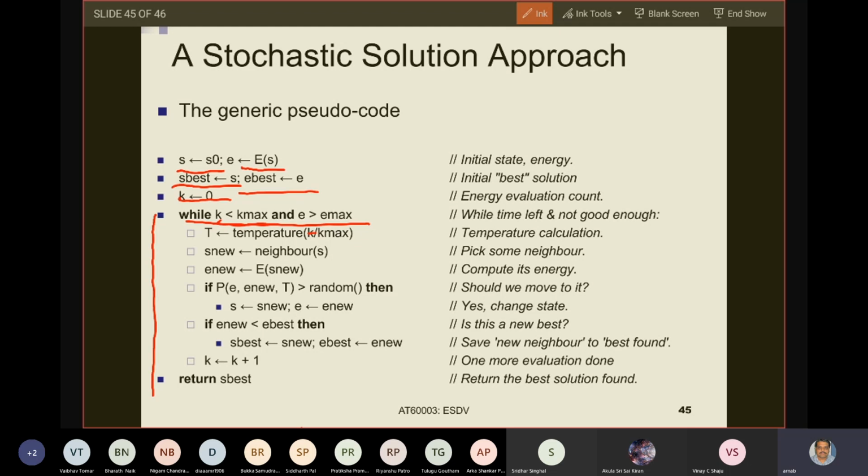Whenever you get a solution whose cost is less than or equal to Emax, you can stop the algorithm. Otherwise, at most you will go for k max iterations. Are you with me up to this? Any problems? Yes, sir. No. Okay.